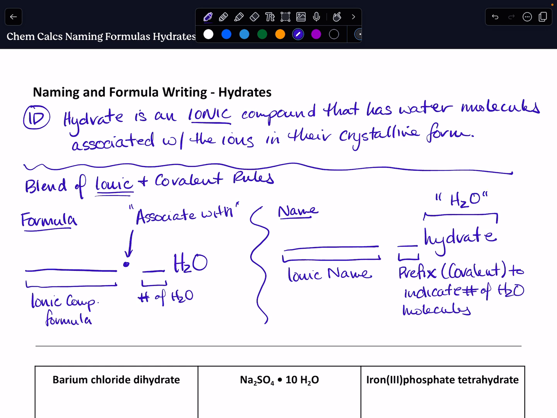You'll note there's no dot here, it's just a name. So if you see dot H2O, it's a hydrate. If you have a name and it ends in the word hydrate, it's a hydrate. The harder part is the ionic part, but if you've been practicing and you know those rules, these are pretty easy to name.